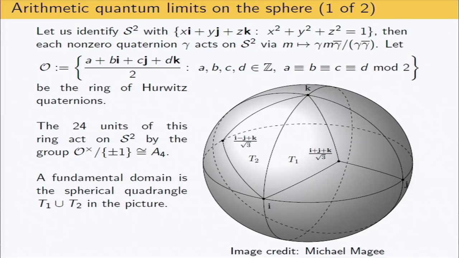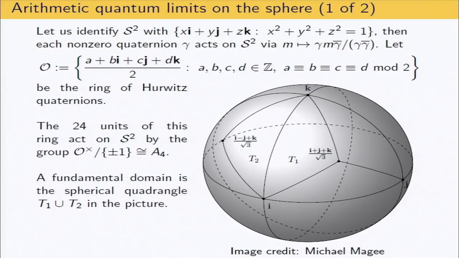And I want to mod out S2, as is the usual thing to do, by the action of these units. A4 describes the symmetry group of the tetrahedron, and it's fun to think about how the A4 group acts on the tetrahedron by rotations. Anyways, there is a nice fundamental domain for this action, which is the very precise analog of the usual fundamental domain for SL2(Z) on the upper half plane.